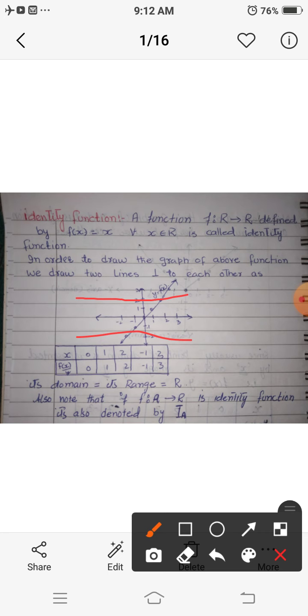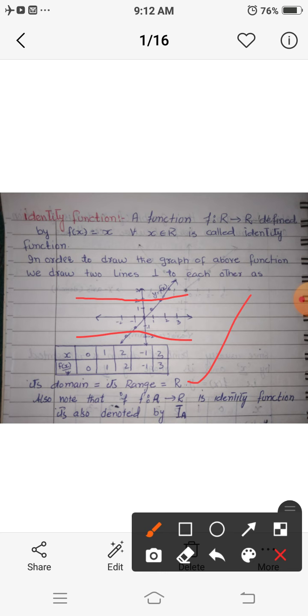So clearly, the range of the identity function is the whole set R, because there does not exist any portion through which we can draw a horizontal line which does not intersect the graph. That is why the range of this function is the whole set R, and the domain is R.